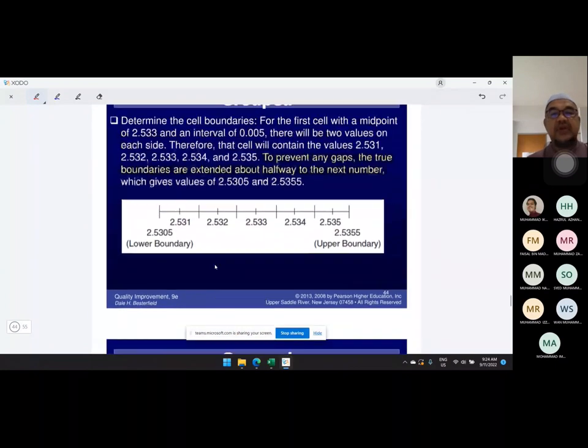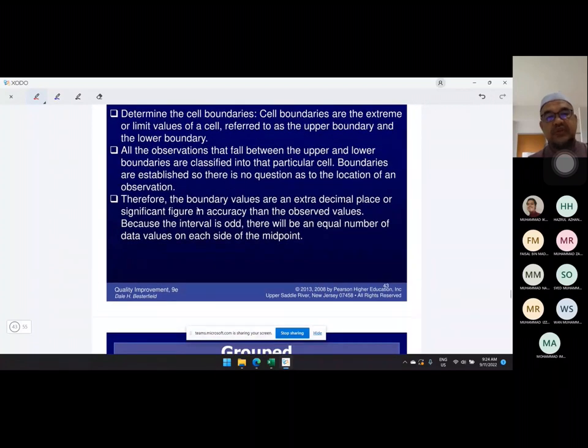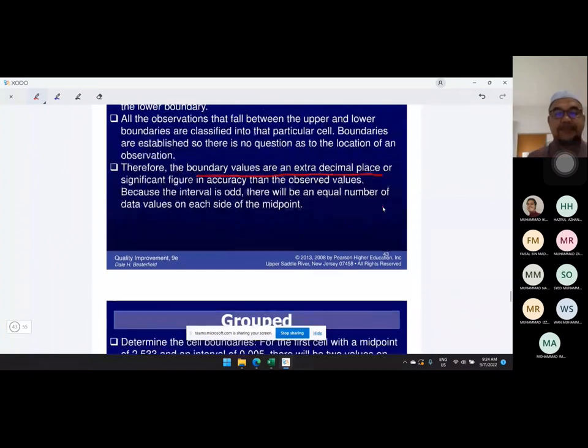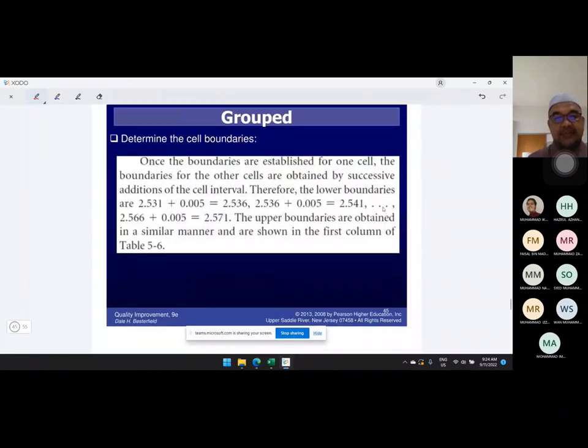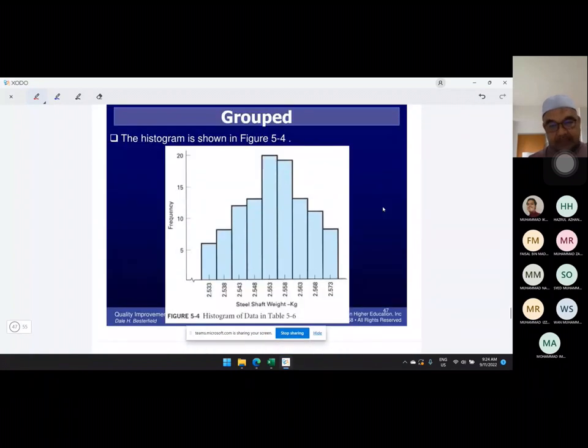Remember, we say that normally boundary values here have an extra decimal place, so that all observed values will be within the cell, not on the boundary. Okay, and then after that, of course, you plot your histogram. So this is the histogram of 100.